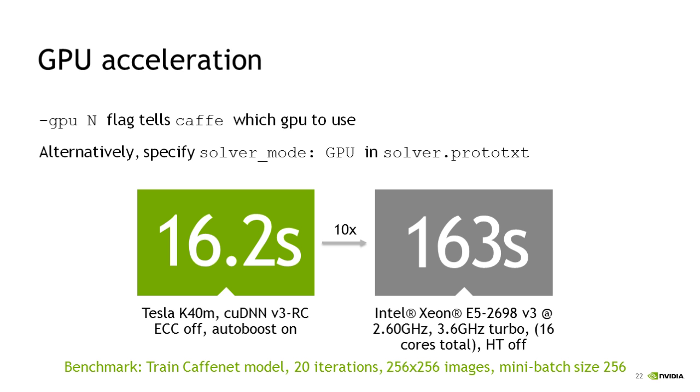There's a huge benefit in using GPUs within Caffe to accelerate training. Recent testing that we've conducted internally at NVIDIA showed that on a highly performant CPU-based system with 16 cores available and making use of multi-threading, we were able to train 20 iterations of the CaffeNet model, which is very close to AlexNet if you're familiar with AlexNet, on 256 by 256 images with a batch size of 256 images, and that took about 163 seconds.